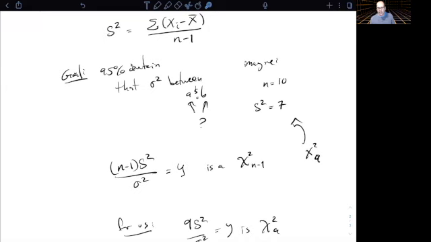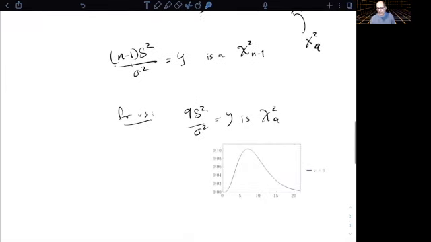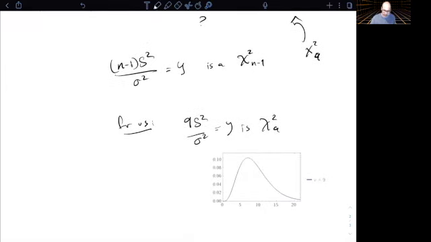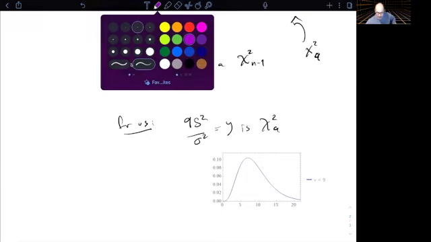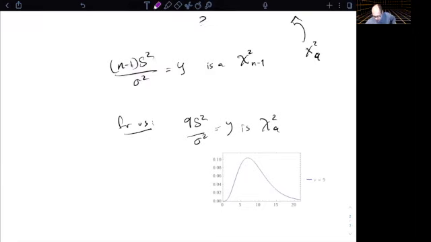Now, let's take a look at a picture of such a thing. It looks something like this. And what we want to do is come up with some region where we're 95% certain our answer lies. Visually, we're going to chop it off on either side so that on each side there's going to be 2.5%, so that 95% is in the middle.